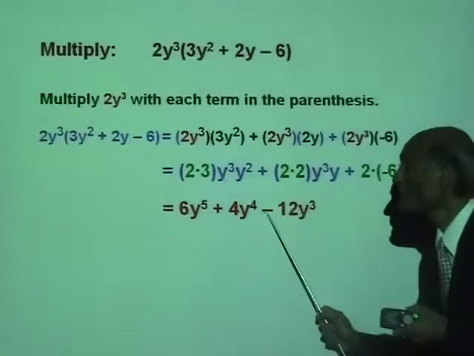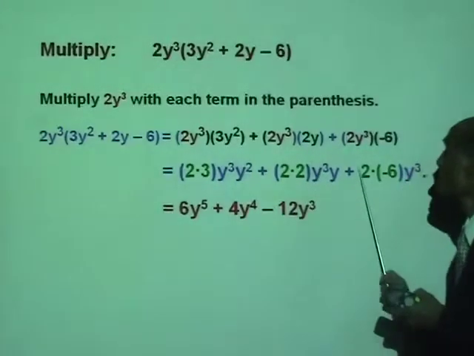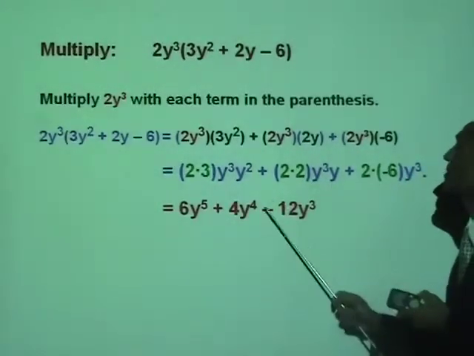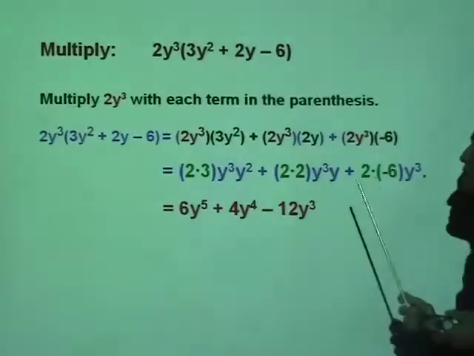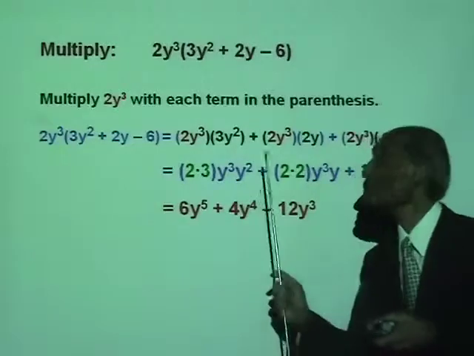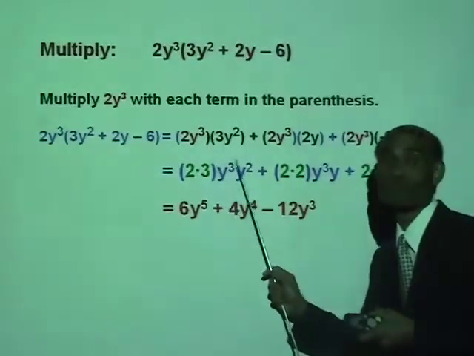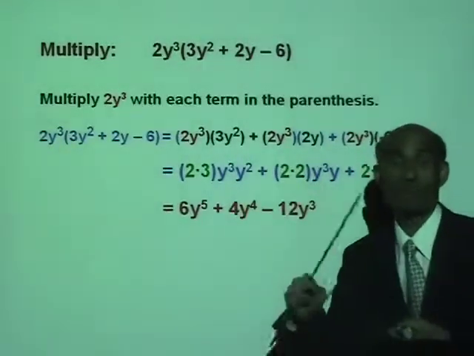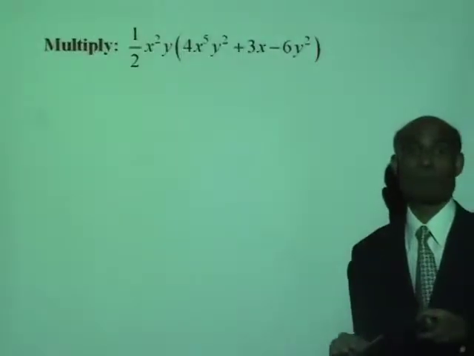That's how we get that negative sign. 2 times negative 6 is negative 12y cubed. Multiplication is rather simple once you know your product rule. You see how important that product rule is here.